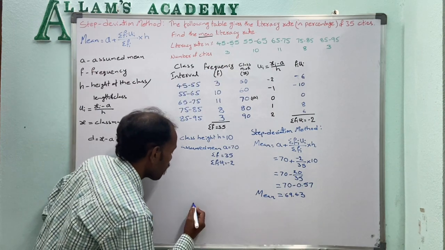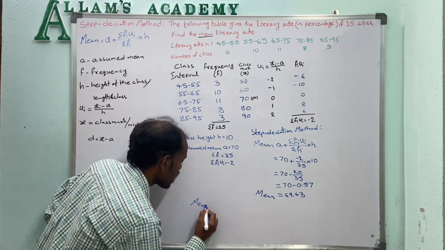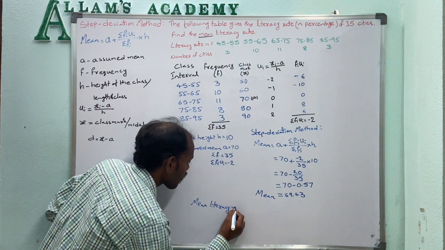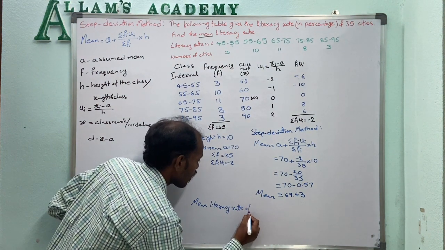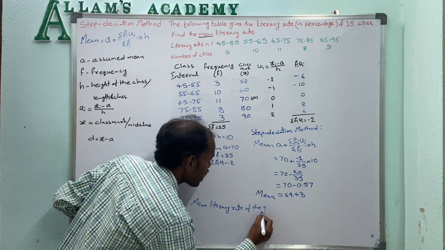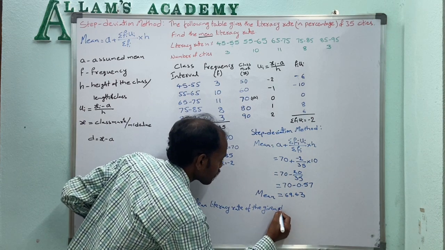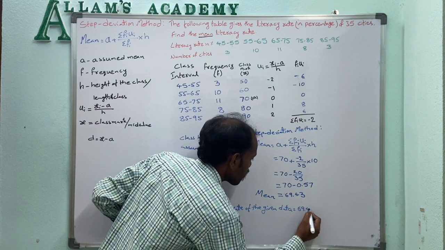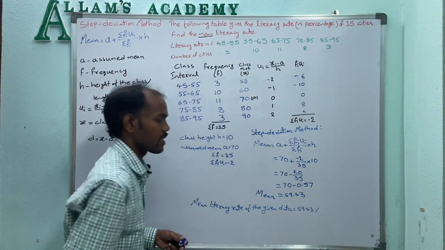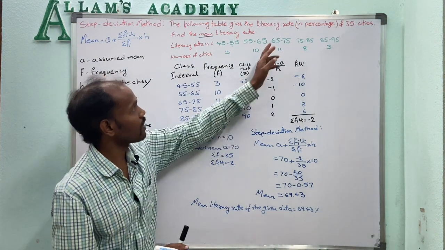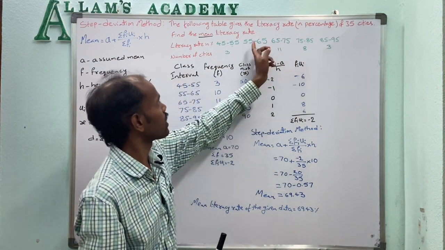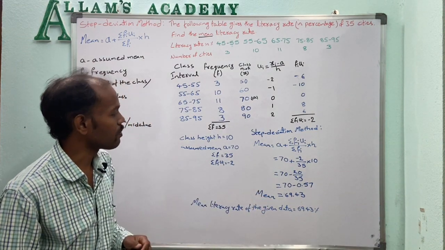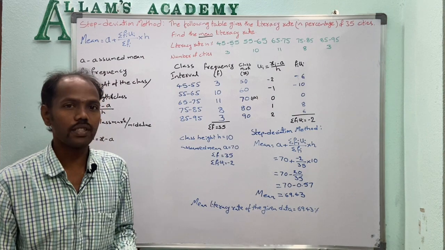So the mean literacy rate of the given data equals 69.43 percent. Why? Because everything here is given in percentages, so the result is also a mean value in percentage, 69.43 percent.